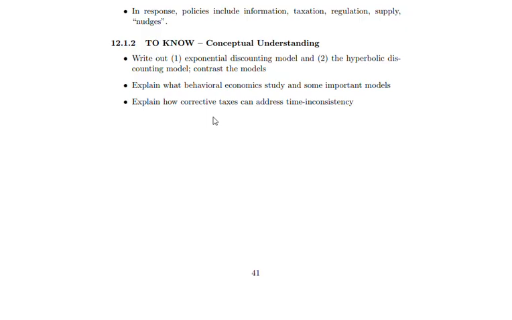So that's all about microeconomics. We talked about supply and demand, the competitive market, monopoly, oligopoly markets, and social welfare economics, consumer surplus and producer surplus.